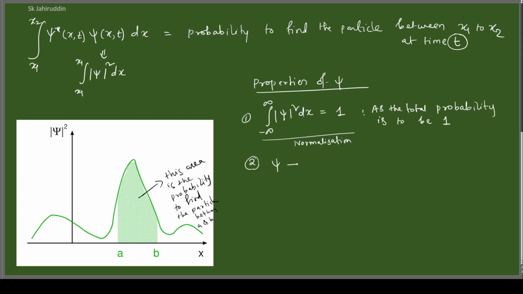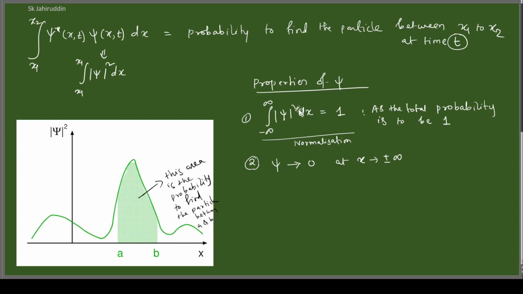Next, psi has to be 0 as x increases to infinity. Psi should not have any finite value at infinity. Otherwise, this will not be satisfied. Imagine that psi star psi continues and leads to some value at infinity.